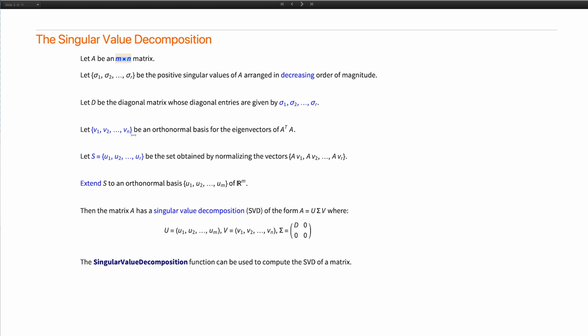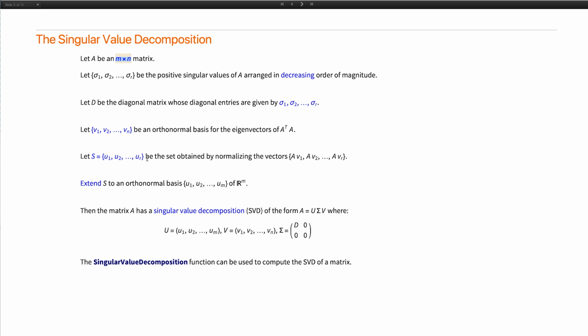And then what you do is you work out the orthonormal basis for the eigenvectors of A transpose times A. Once you've done that, then you work out another set U1 up to Ur by normalizing the vectors AV1, AV2 up to AVr. Now, again, you may not have enough vectors over here, so then you extend that to an orthonormal basis of R^m.